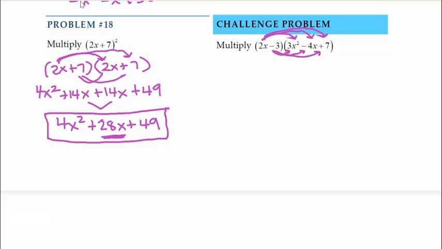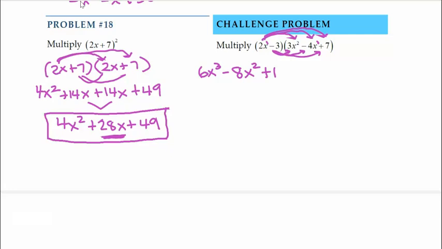So 2x times 3x squared gives me 6x to the third. Remember to add those exponents together. 2x times negative 4x gives me negative 8x squared. Right? Because remember, there's invisible ones on these guys. Adding those together.